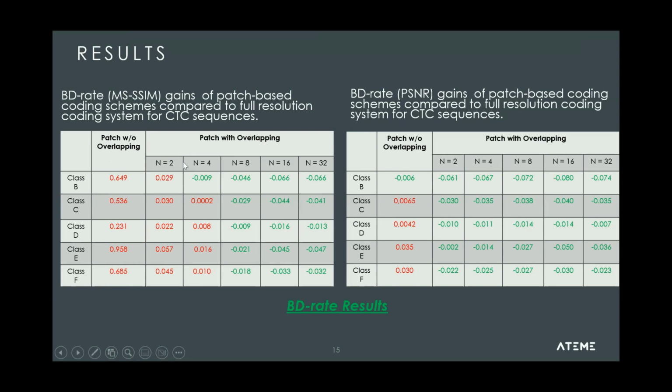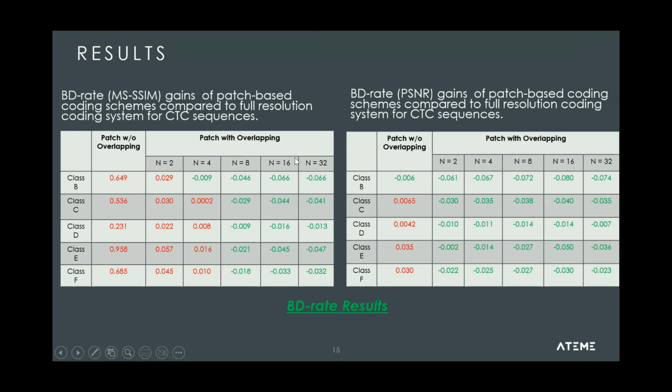And when we use our method with 2 overlapping pixels, the loss is still there, but it's reduced. And when we increase the number of overlapping pixels, the loss is not there, and we also have a slight gain.